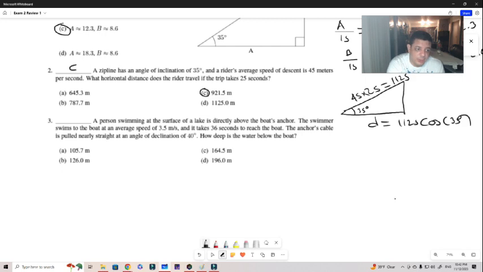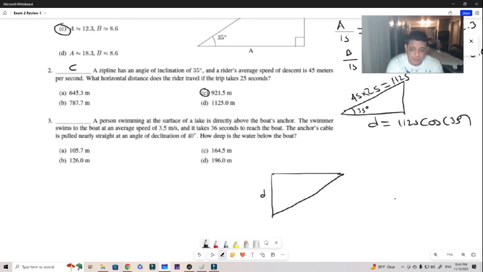Now, question number 3 says that a person is swimming on the surface of a lake. So we assume that this is the surface of a lake. And we have another triangle here where this is above an anchor, and it has a distance d over here to the anchor that is down here.